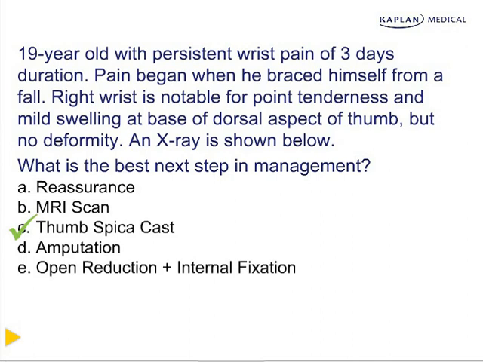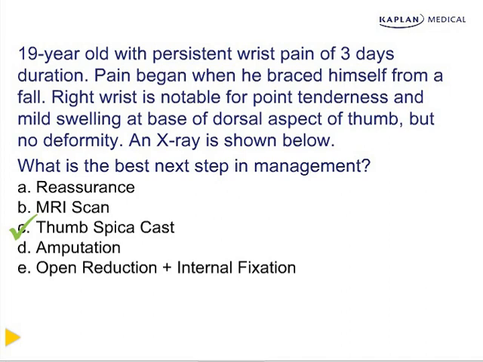Unfortunately, the test makers avoid the use of buzzwords, so you must know where the snuff box is located. The key to this question, and a frequently tested concept, is that scaphoid fractures often do not show up immediately on X-ray, as was the case here with this normal X-ray image, but must be treated anyway to decrease the risk of avascular necrosis of the scaphoid, a common complication of these injuries.